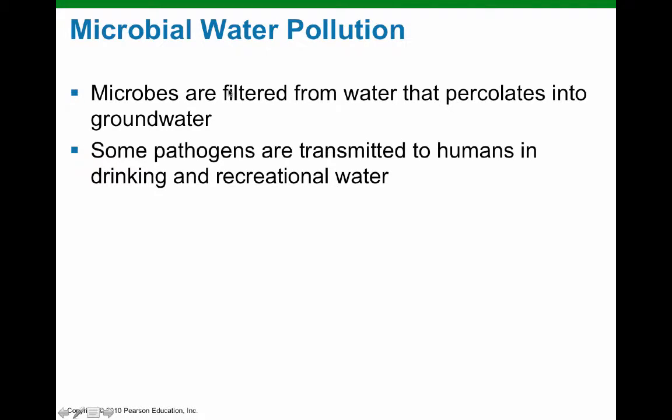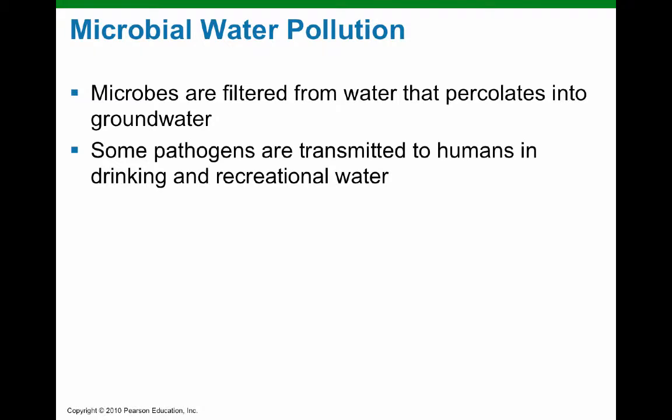So a little bit about how water is treated, in the case of municipal wastewater, and also for sewage treatment. So both of these would be in an effort to prevent contamination in drinking water.